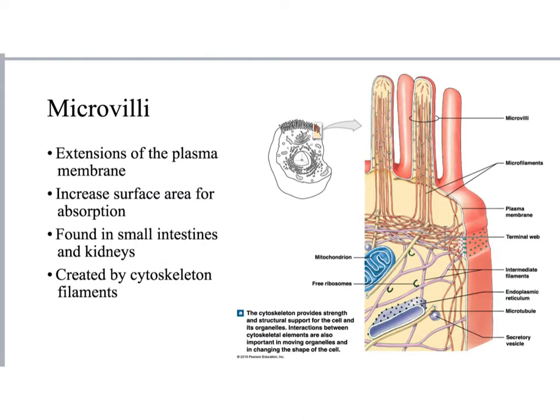So microvilli are another form of non-membranous organelles. They're formed from these microtubules as part of the cytoskeleton of the cell. So you can think of the inside of the cell as having a skeleton, much like our body has a skeleton. And that skeleton inside the cell gives the cell shape.